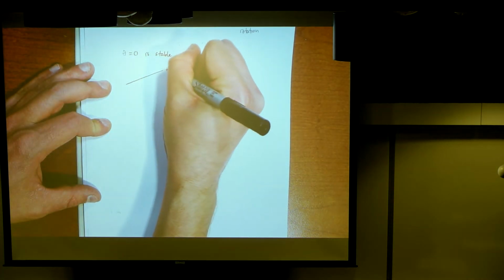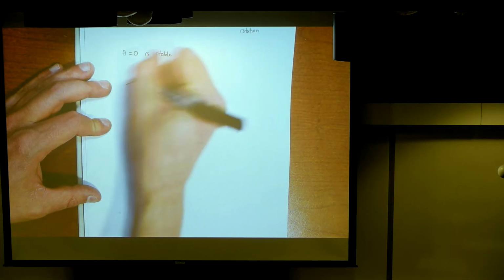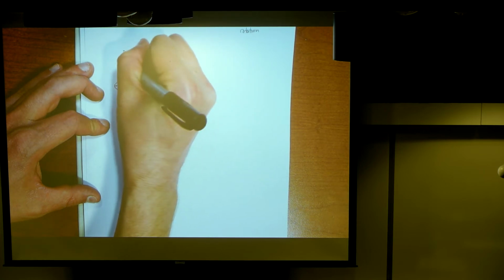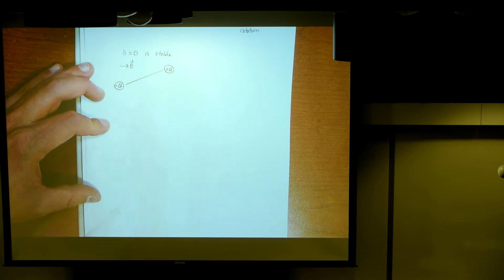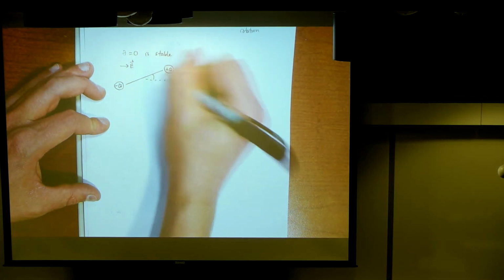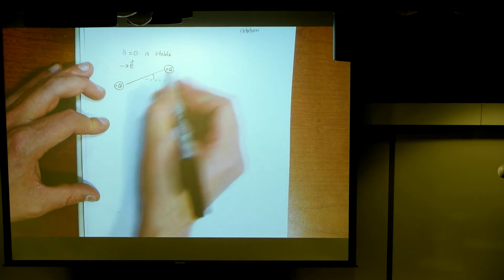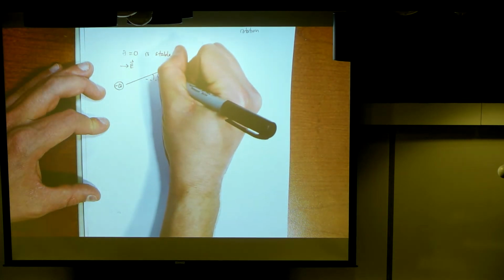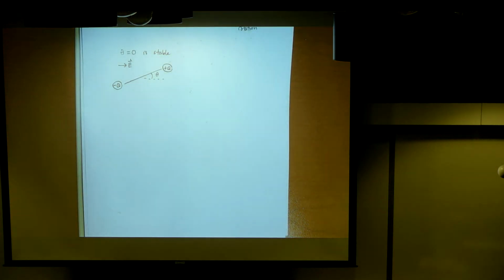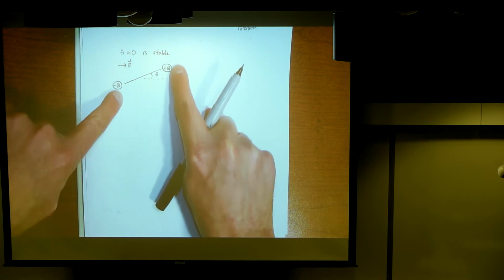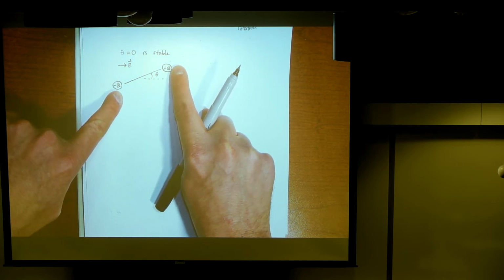Here's our positive Q. Here is our negative Q. Our E field is going to the right, just that's how we're drawing it in this picture. And remember, the angle theta is this one right here, between the direction of our E field and where the positive charge is lining up. So what I'm showing you here is we're pretty close to theta equals 0, but we're knocking it slightly away from theta equals 0, right?